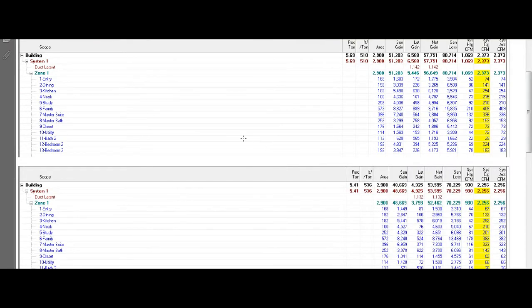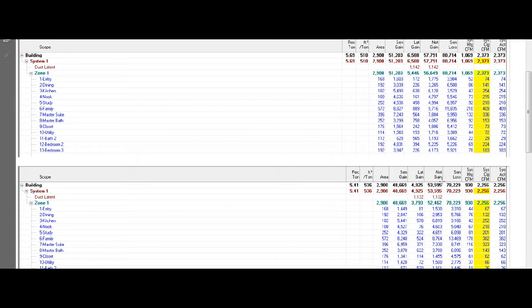So how does that compare to the original house? Again, I've got a side-by-side view. On top here, this is the original house. In the original house, before we stopped any air infiltration, in the summer, the house is gaining 57,791 BTU of heat. Now that we've stopped the air infiltration, we're gaining 53,595 BTU. So about 4,000 BTU less heat is entering the house.